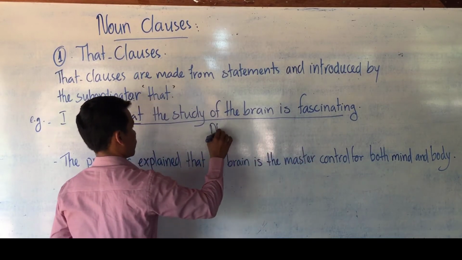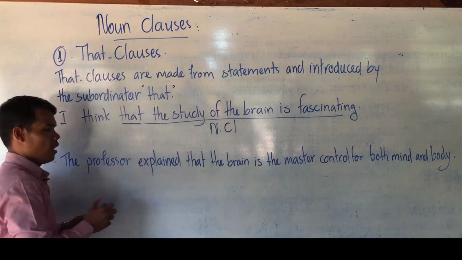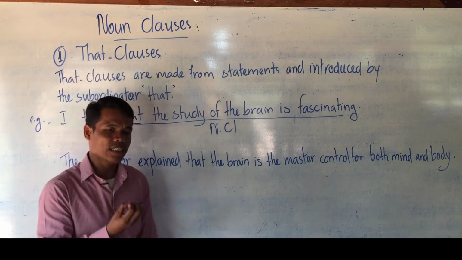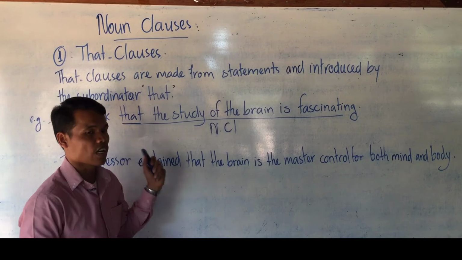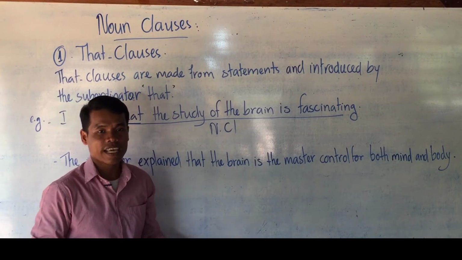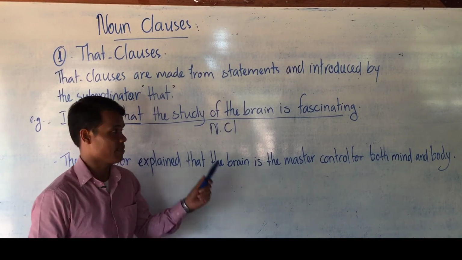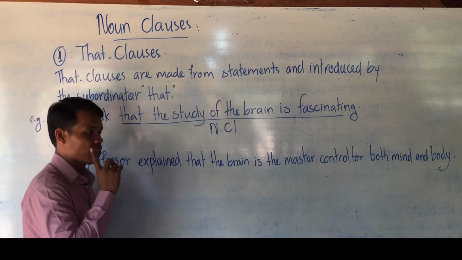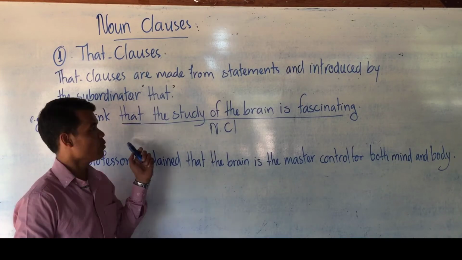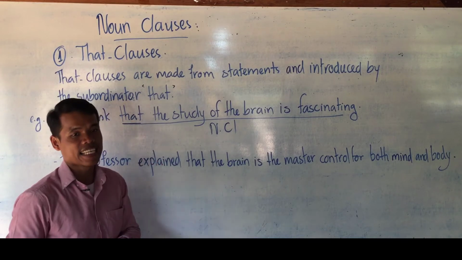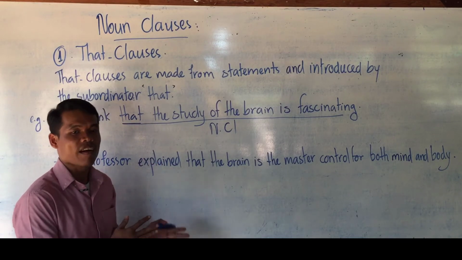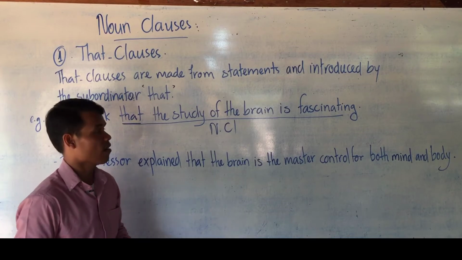to fascinating is the noun clause. Noun clauses occur in complex sentences. So this sentence is not a simple sentence, it is a complex sentence. So when seeing a complex sentence, you can say that we have a DC and an IC, main clause and subordinate clause.